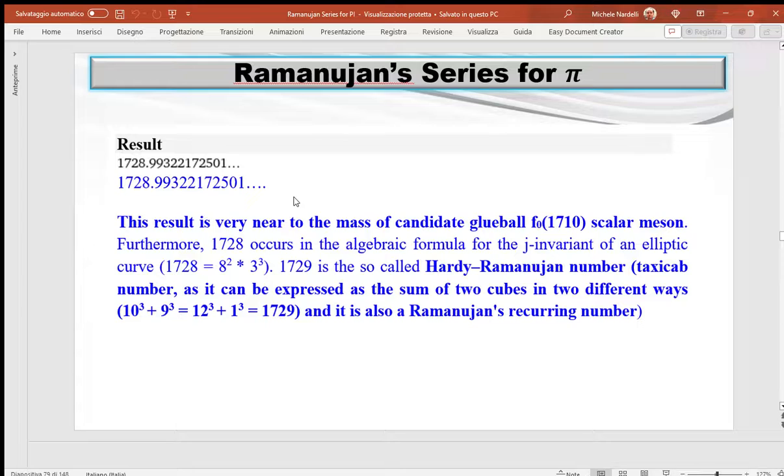Result that is very near to the mass of the candidate glueball f0(1710) scalar meson. We remember that 1729 is the so-called Hardy-Ramanujan number, that is a Taxicab number, as it can be expressed as the sum of two cubes in two different ways. And it is also a Ramanujan's recurring number.